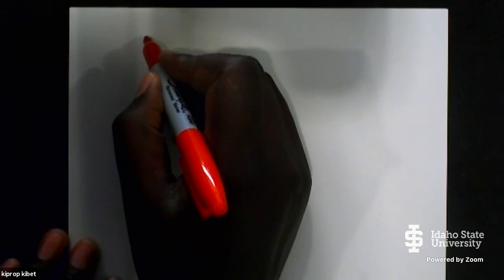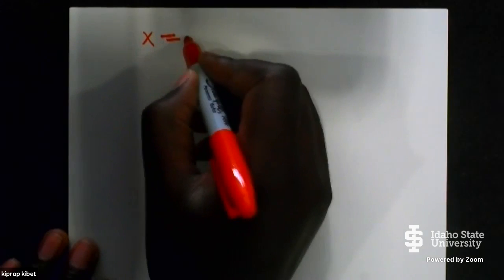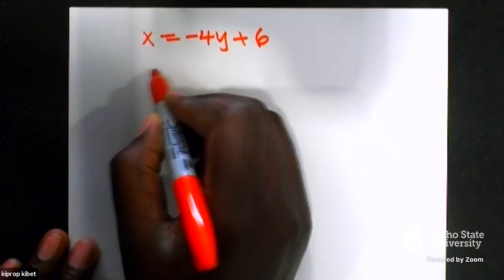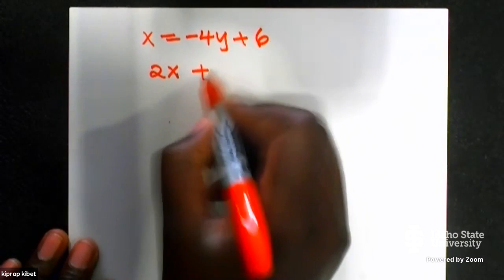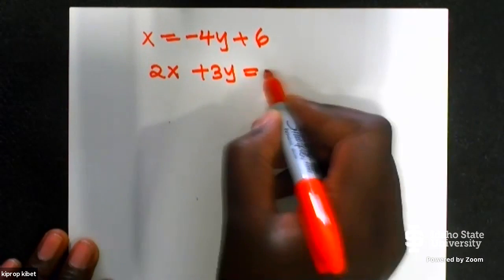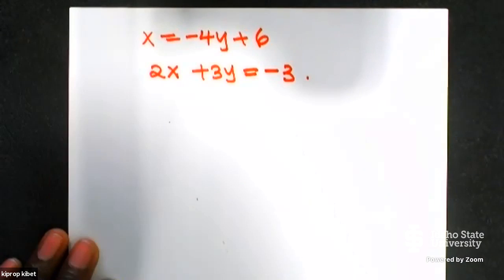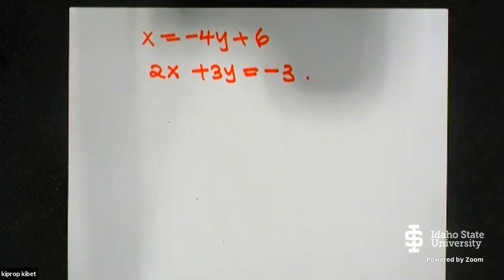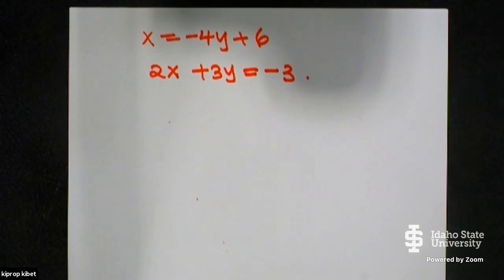Okay, the next one is x equals to minus 4y plus 6. Then 2x plus 3y equals to minus 3. Now, here, we use substitution method.